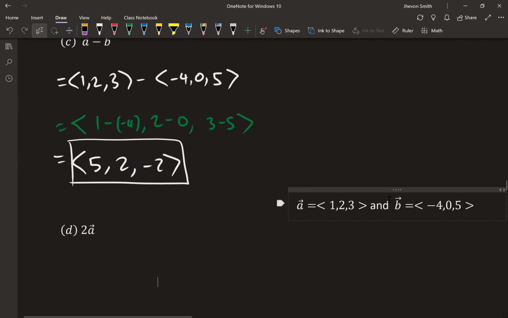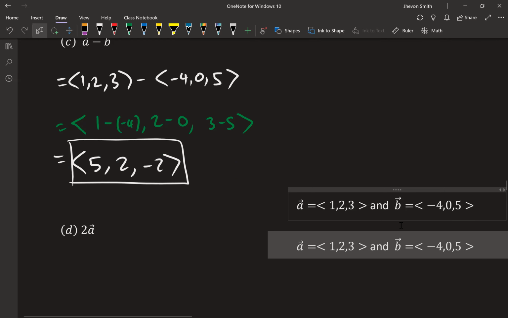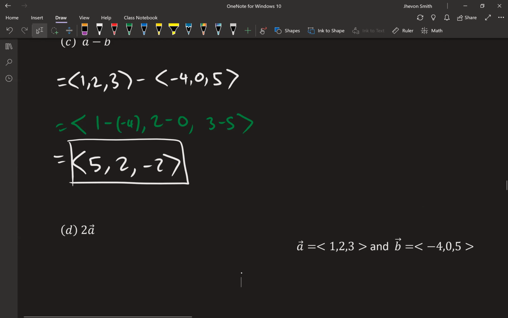Right. The thing where you do final minus initial, you have to remember, comes in when you're going between two points. If I'm going from A and ending at B and I want to find that vector, final minus initial comes in when I'm finding the components of that vector. So you don't really want to think of it as subtracting two vectors. You're actually subtracting the initial coordinates from the final coordinates.